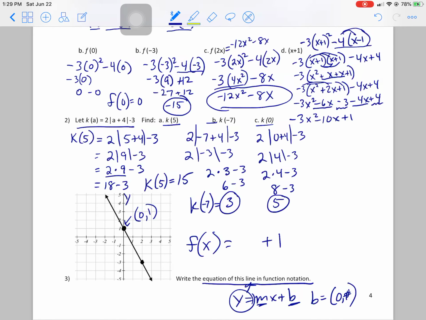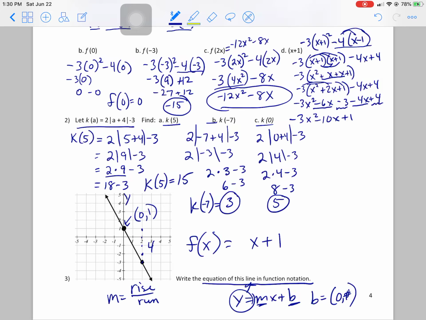So now I need a slope, because I'm going to be putting my x there, and I'm going to need what m is, the slope. So how do you go from point to point would be the slope. Slope is the change in y over the change in x. Another way is rise over run. So how do you go from point to point? Let's rise. From this dot, go up 1, 2, 3, 4.